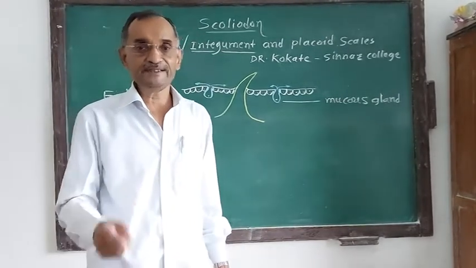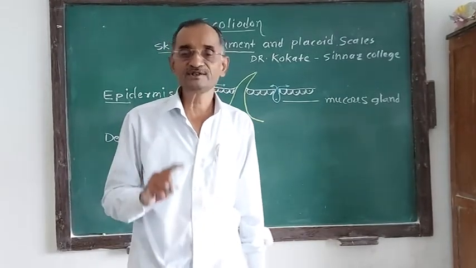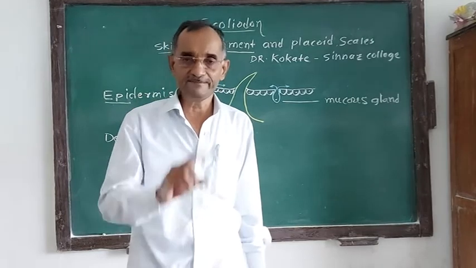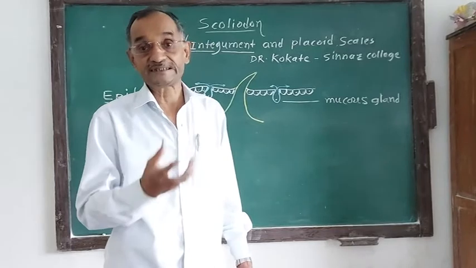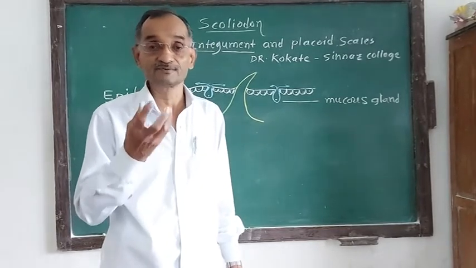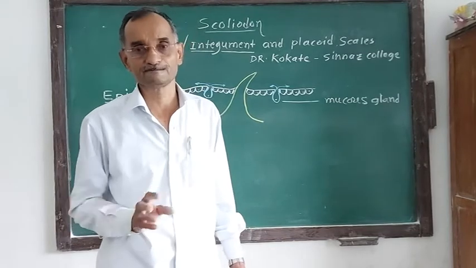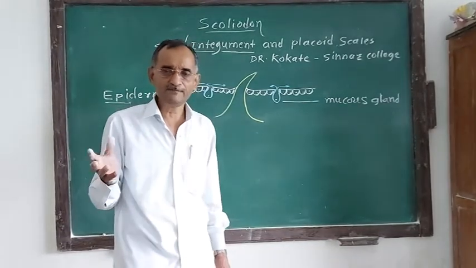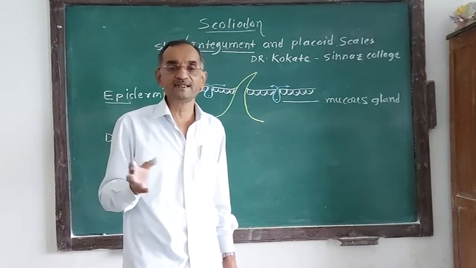The second benefit of the mucus is that, due to its slimy nature, the debris present in the seawater cannot settle on the body surface of the Scoliodon. As we see many times, the body of a fish is never wrapped with debris.